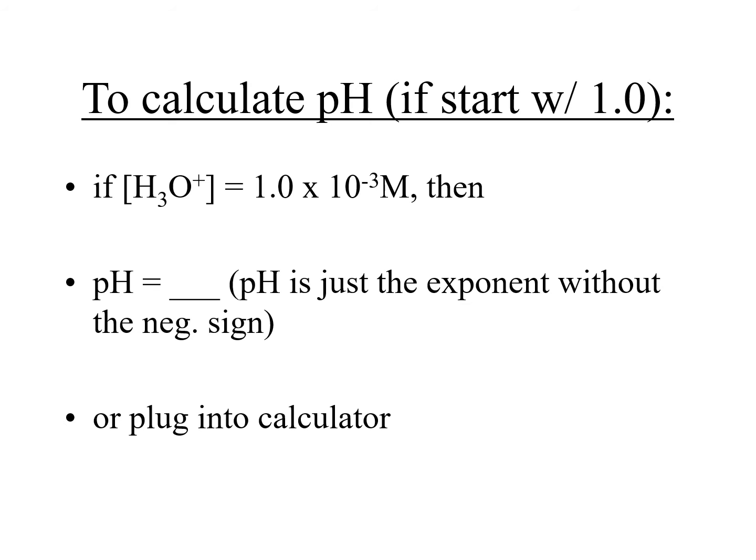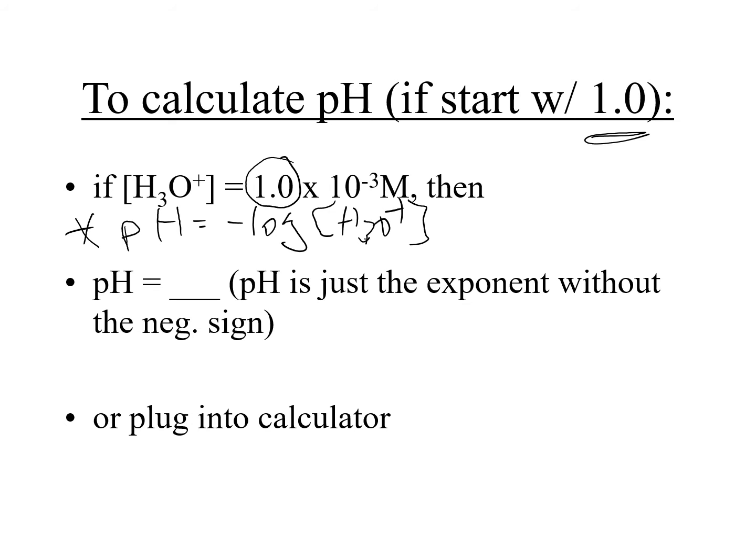To calculate pH, we just said the formula for pH is equal to the negative log of your hydronium ion concentration. This is a formula I do want you to remember, but we do have a shortcut way that we can do our math instead of plugging in log on your calculator. If the number in front of the exponent is a 1, you can just take the exponent and make it a positive sign, and that gives you your pH.